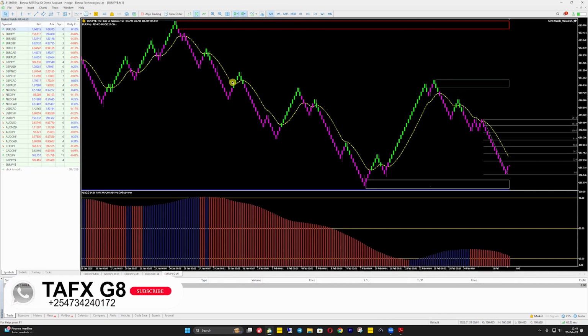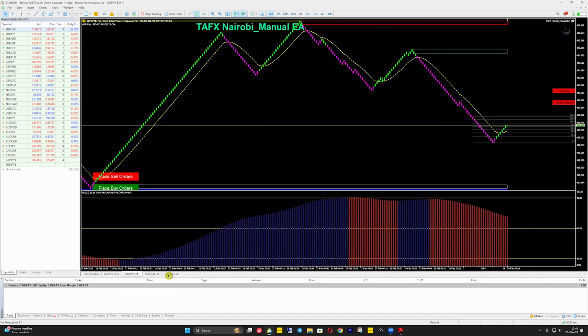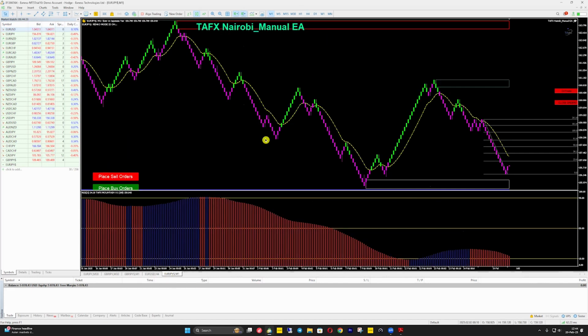You are very, very protected because it will enter into the market after they have swept the people's stop loss. That is when, after the liquidity is swept, the EA will be looking for the signal. So if you are trading manually, that is when you will receive the signal, buy or sell.